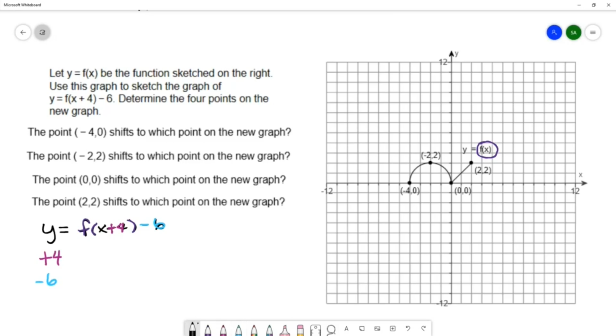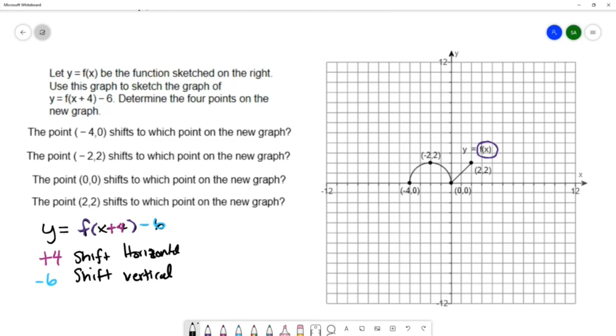Now when we add and subtract to a function, this causes a shift in the graph. If that adding or subtracting is on the inside, it's a horizontal shift. And if that adding or subtracting is on the outside, it's a vertical shift.